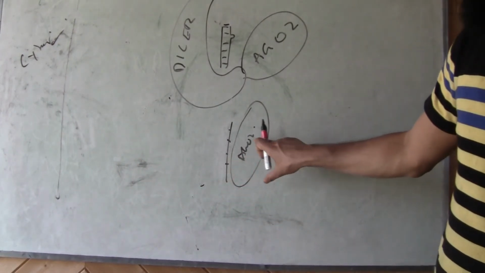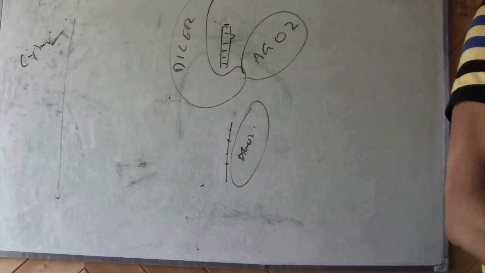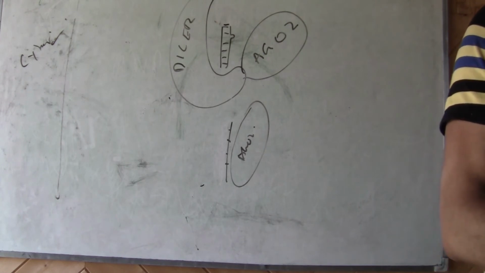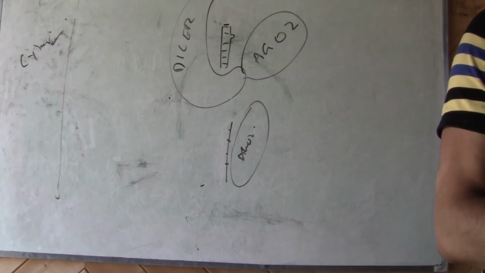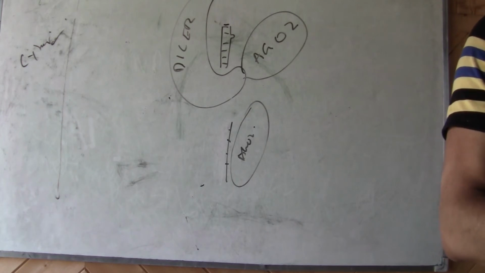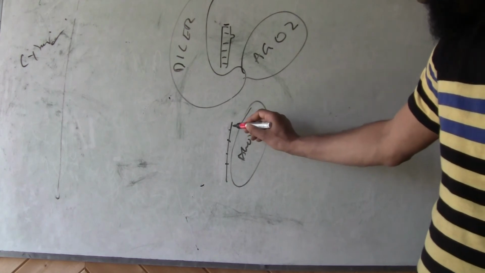Now you have AGO2 associated with your one strand of microRNA, and this RNA strand we call a guide RNA.